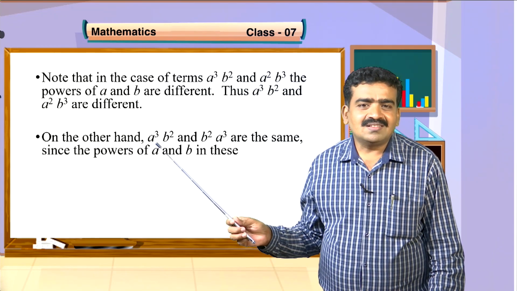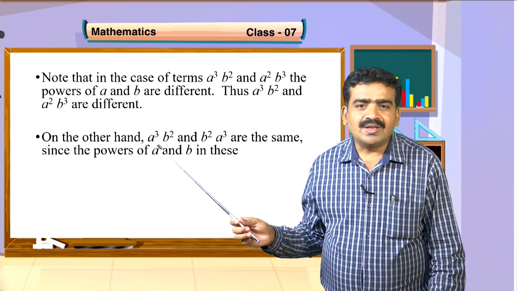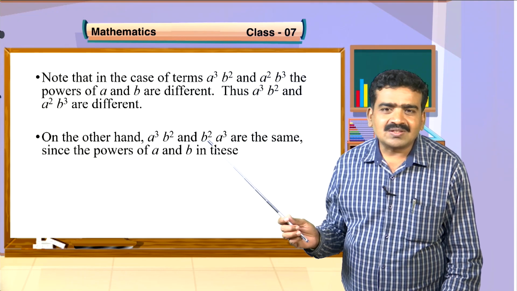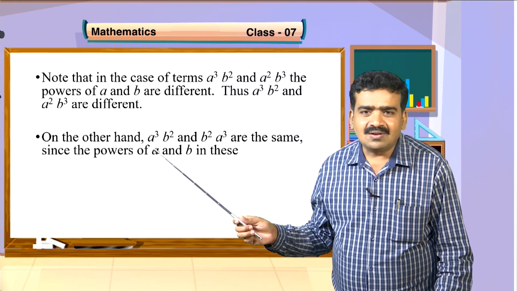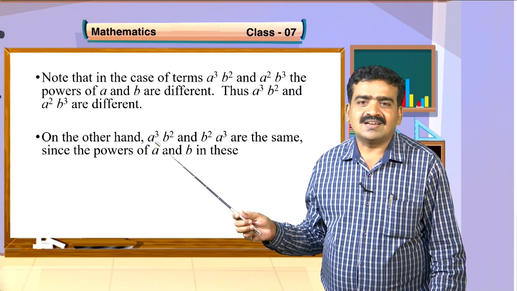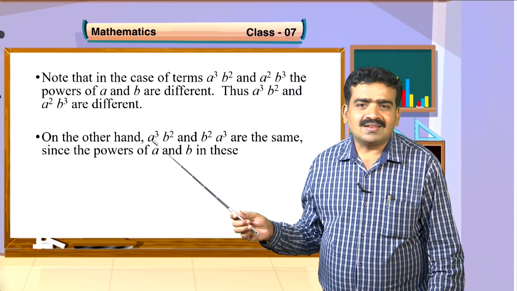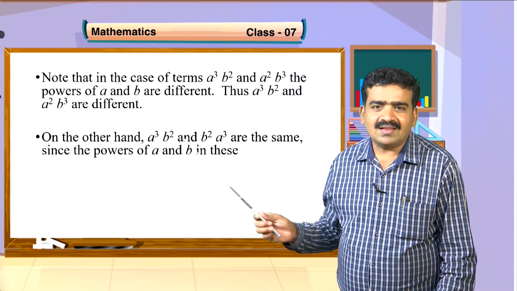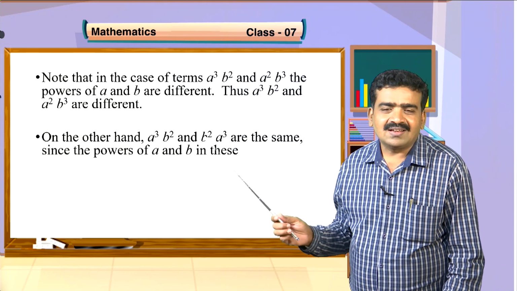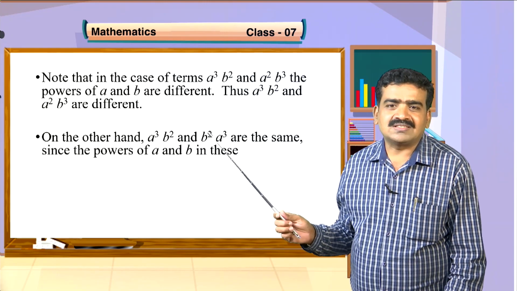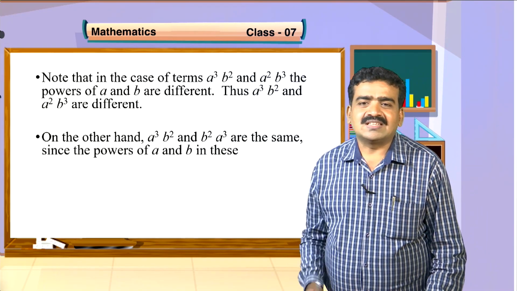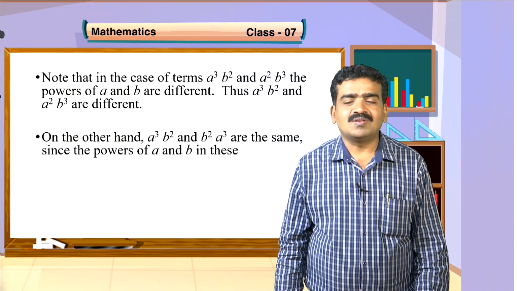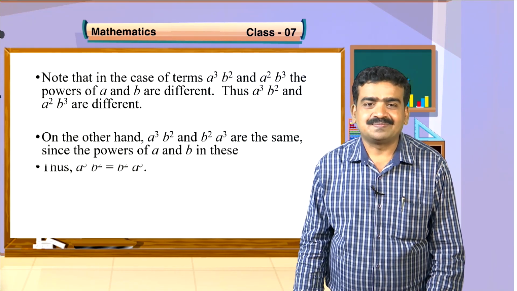On the other hand, there is another pair, a cube b square and b square a cube. Now check the base and power of a, here a and a. In the case of a, the exponent is 3, in the case of b, the exponent is 2. Therefore, these are the same because the powers of a and b are the same.